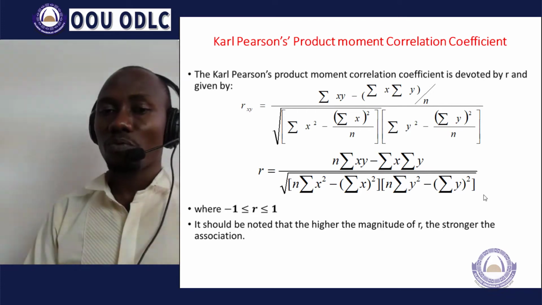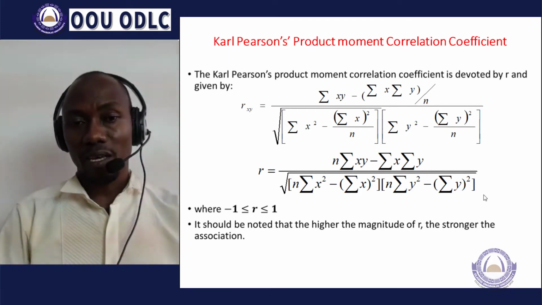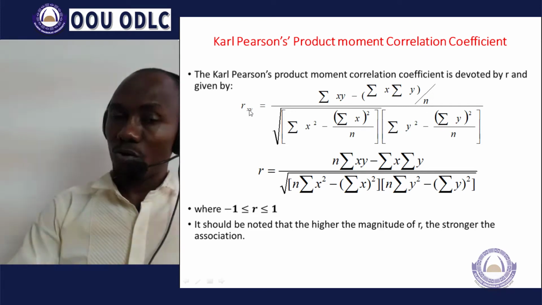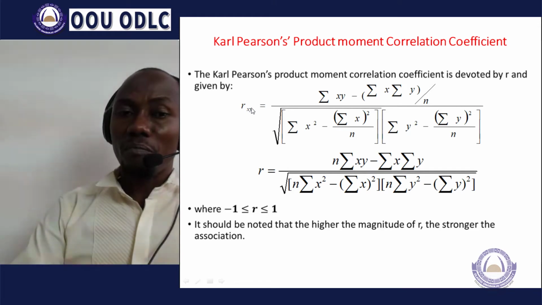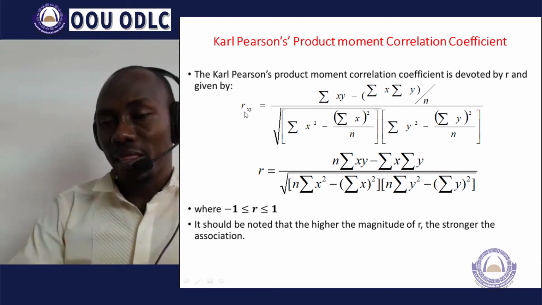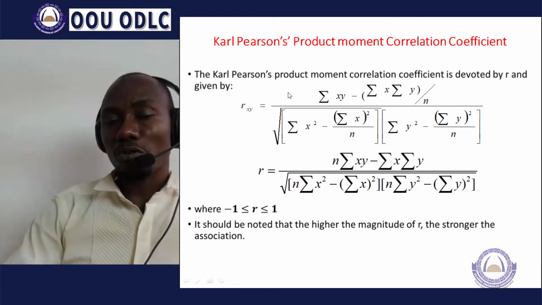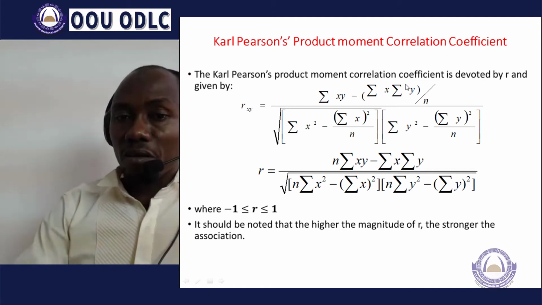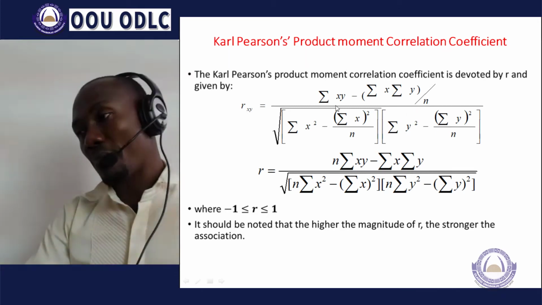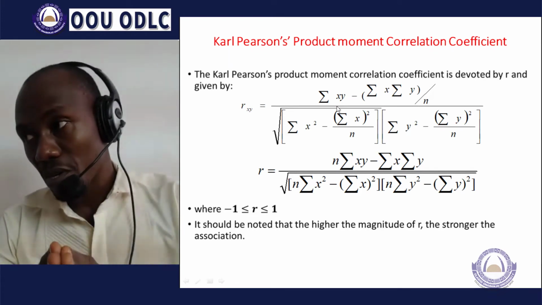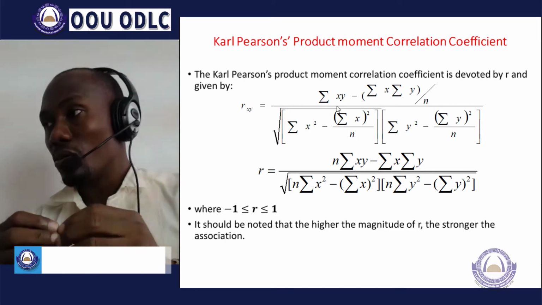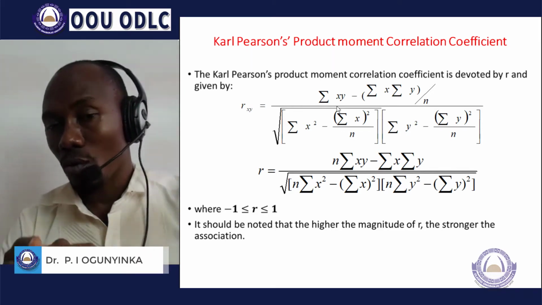The formula for Pearson's product moment correlation coefficient is presented in the first equation here as R, measuring the relationship, the correlation, between y and x variables, equals the numerator here. Remember I said we are measuring correlation between two variables in this session. Those variables are represented with x and y.